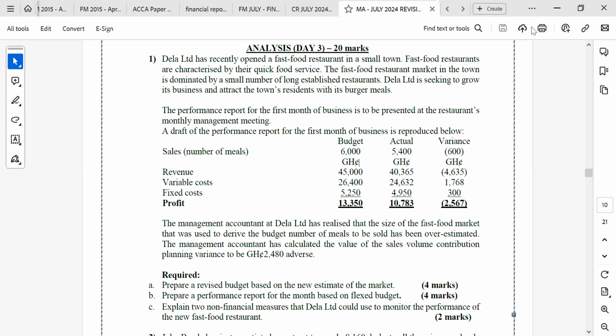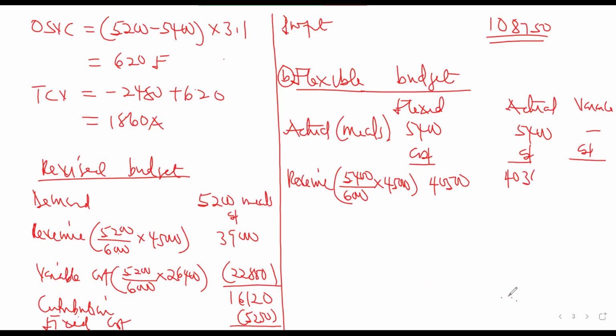Are we receiving more or less based on our budget? We are receiving less. So this is revenue. The difference is 135, isn't it? Yes. 135 adverse, or you can put it in bracket and move on. Or you can just put it positive and add the adverse to it.